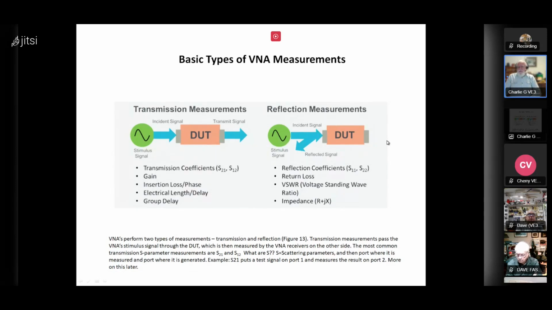For looking at the reflection measurements, we're looking at things like return loss or standing wave ratio, or the impedance of whatever we're looking into. Worth noting that these things are expressed as S21 or S12 measurements and S11 or S22 measurements. We'll talk a little bit about what those mean in just a second.